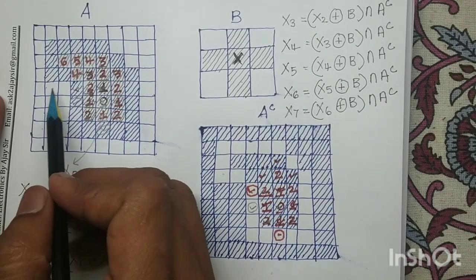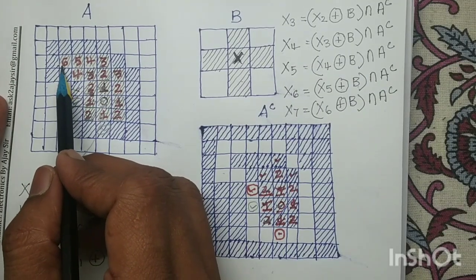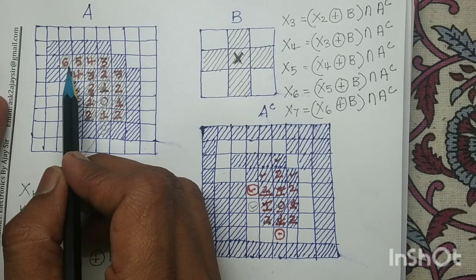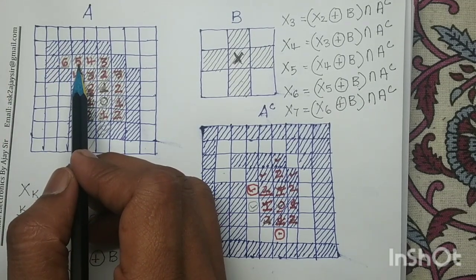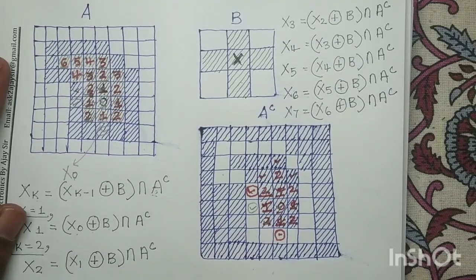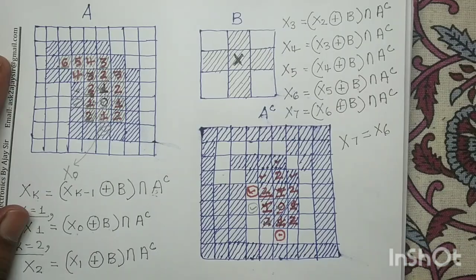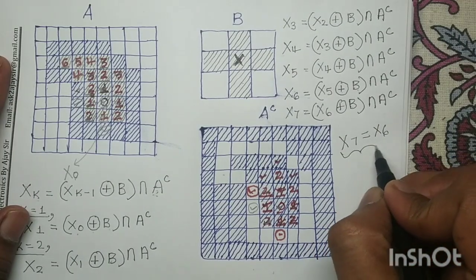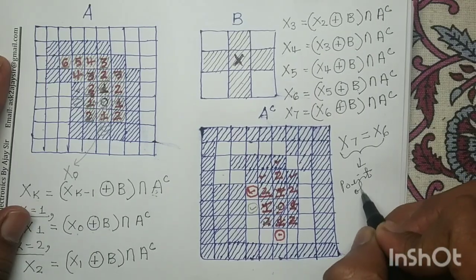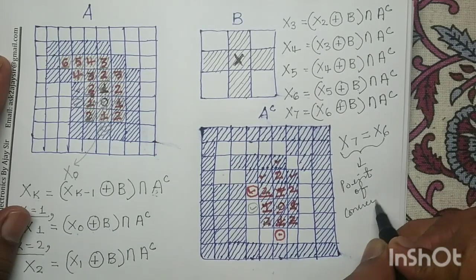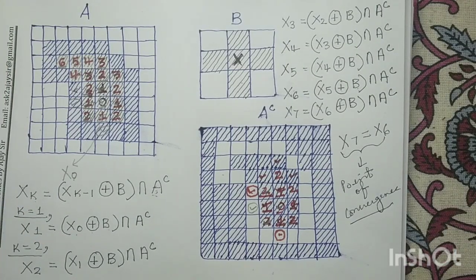In the seventh iteration, if you perform the dilation operation at this point, you will find no additional pixel will be added. That is, the result of the seventh iteration and the sixth iteration are the same, and this is called the point of convergence. And at the point of convergence, we have to stop our region filling algorithm.